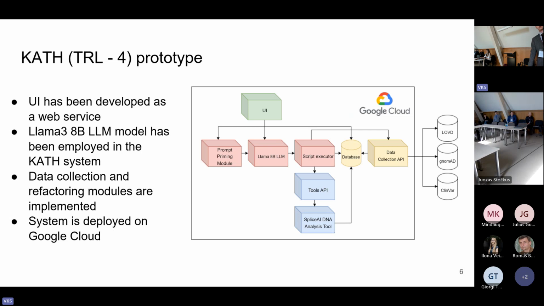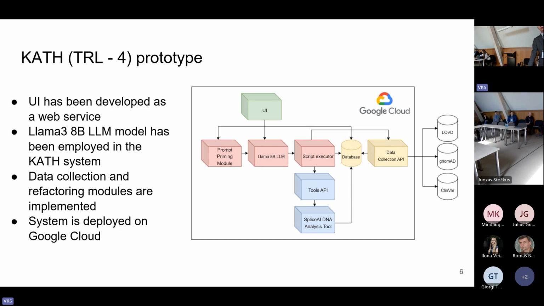Here is what we have already done. The current state of the KATH system is TRL 4. We are continuing research, but the system is very close to TRL 5, ready for demonstration. We developed a UI. We tested Llama and developed a prompt priming module.